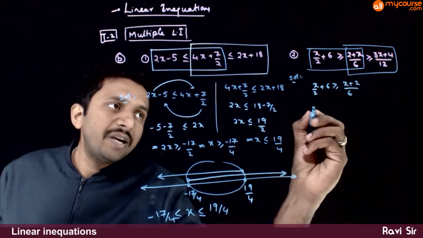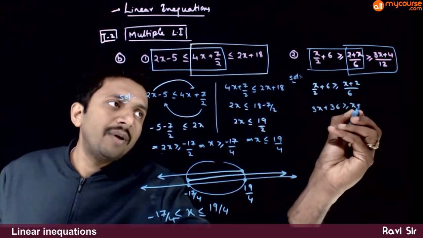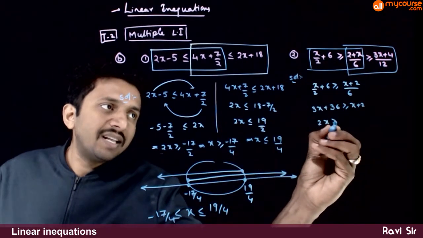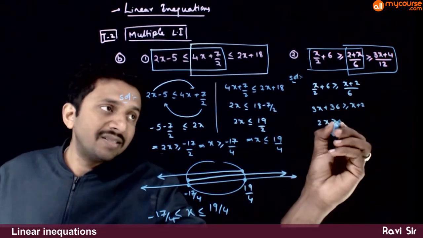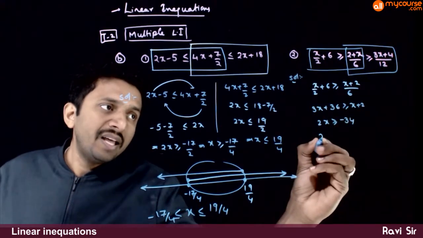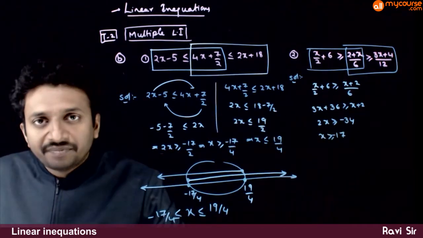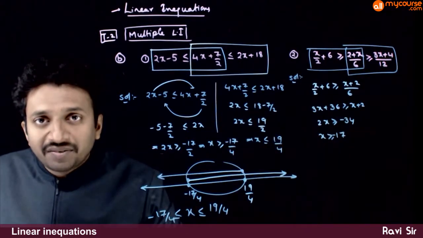So 6 into x by 2 is 3x plus 36 is greater than or equal to x plus 2. If I bring this x here, 2x is greater than or equal to 2 minus 36, which is minus 34. X has to be greater than or equal to minus 17. So for this part, x has to be greater than or equal to minus 17.